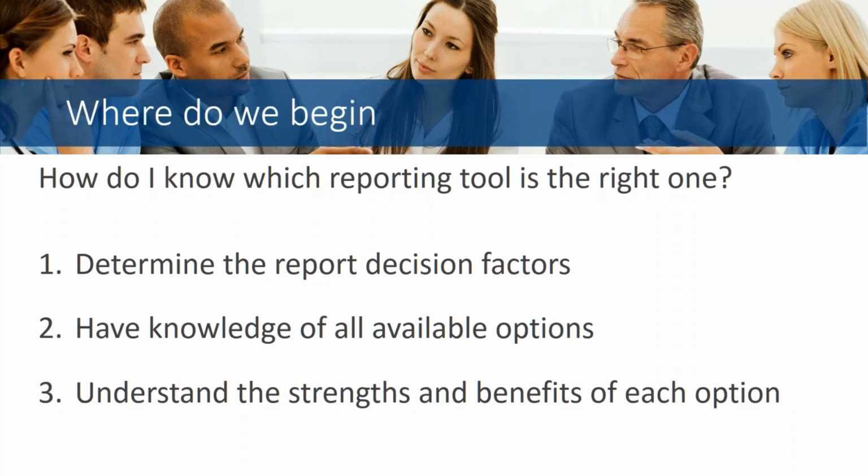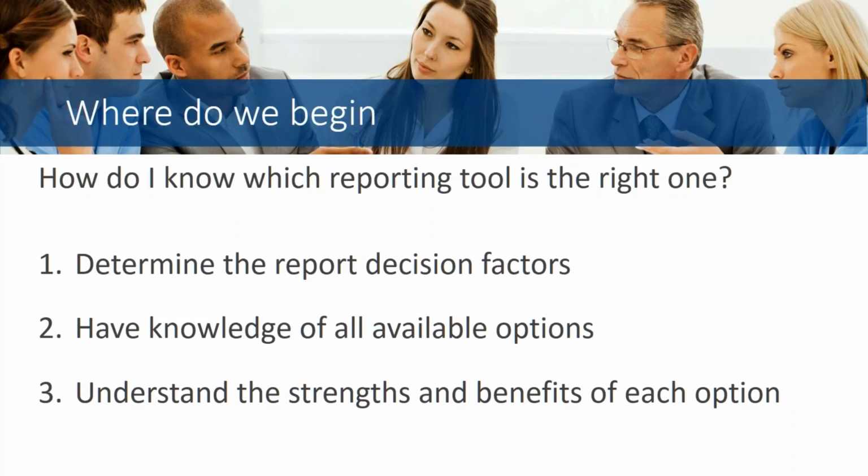So there's kind of three main topics here that you want to think about. One is we want to determine what our report decision factors are, and we'll go into detail on these in a minute. Then I also have to have knowledge of the options available to me. So not only do I need to know that Management Reporter, SmartList, et cetera, is available, I need to have knowledge of those tools to help me decide what is going to be the right tool to use in this report.